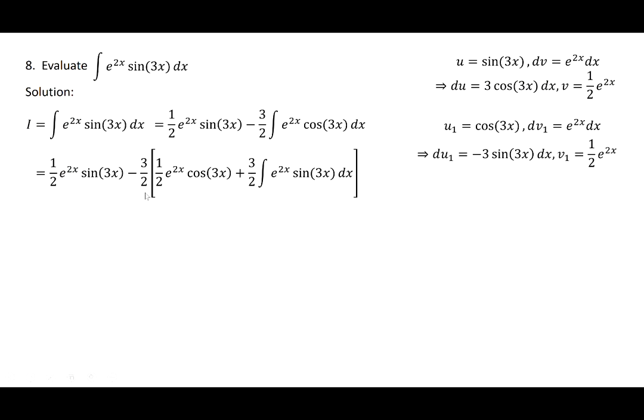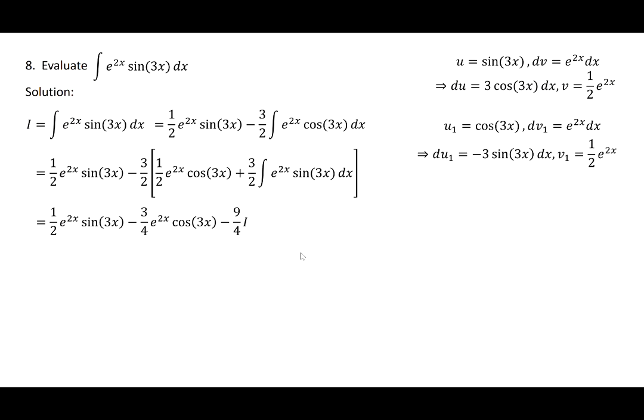You must make sure to distribute this negative 3/2 to both these terms. A lot of times in the next step, people will go, oh, negative 3/2, and that's negative 3/4 e to the 2x cosine x dx. Yep, good. And then just write 3/2 I. No. Negative 3/2 times positive 3/2 is negative 9/4 I, right? So you better be absolutely careful about that one. So minus 9/4 I.